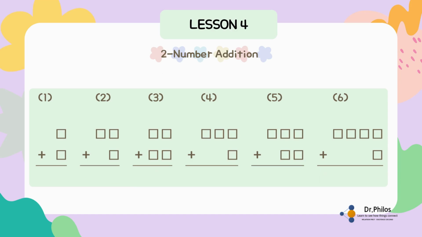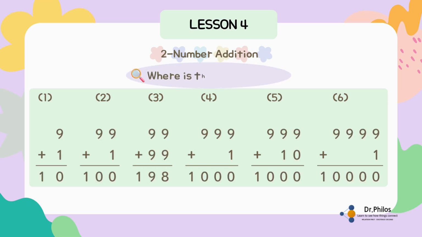A carryover can happen in every place, or it can happen only in a specific place. Look at the examples below and explain in which place the carryover happened. In number 1, a carryover happened in the ones place. It happened by adding the largest 1-digit number, 9, and the smallest, 1.